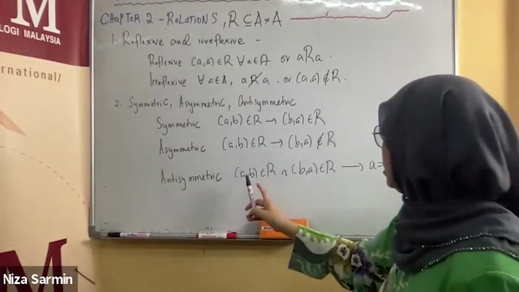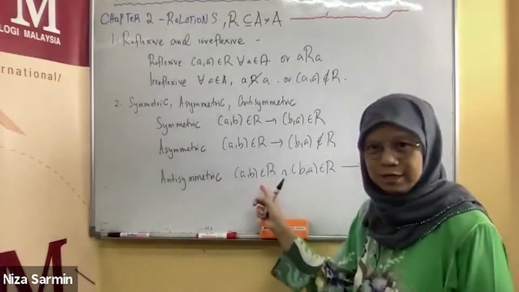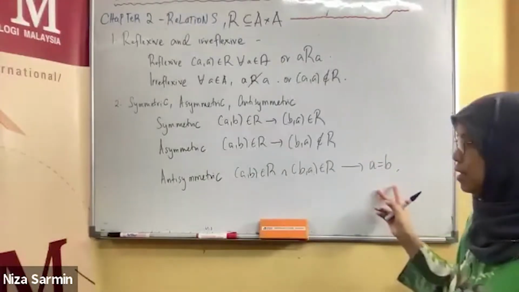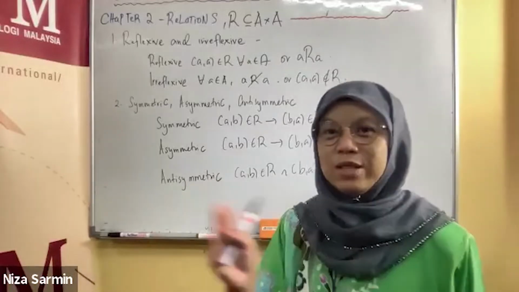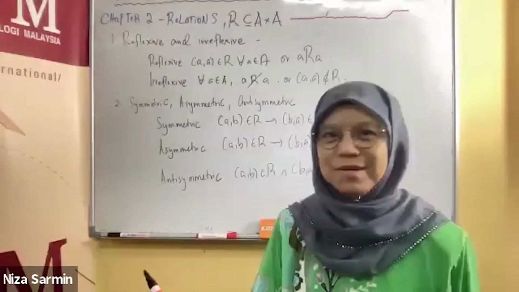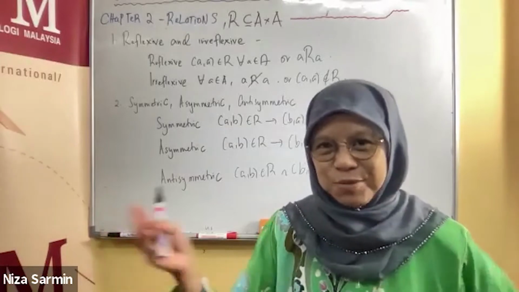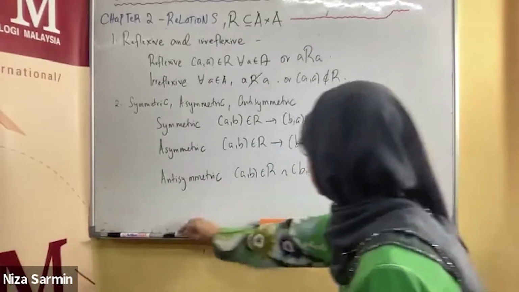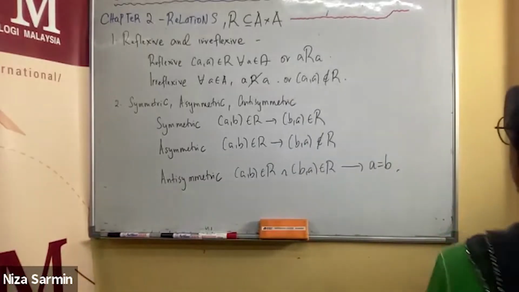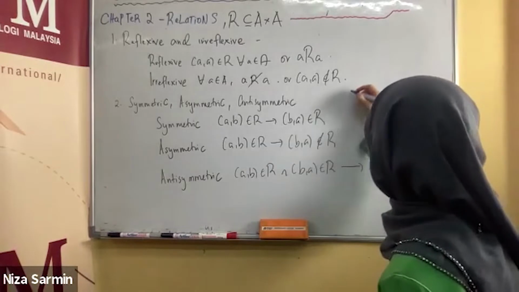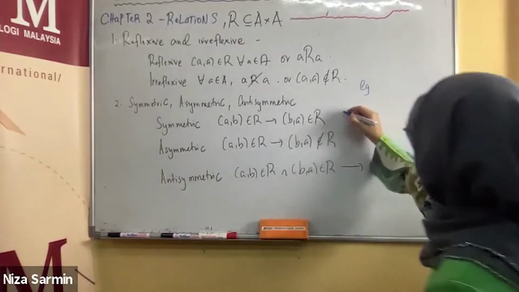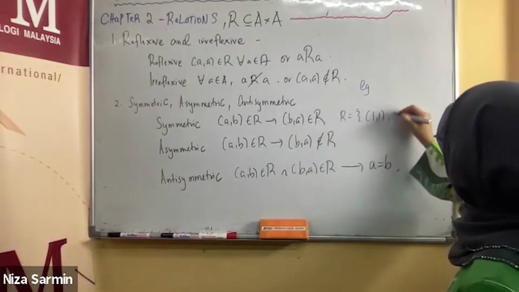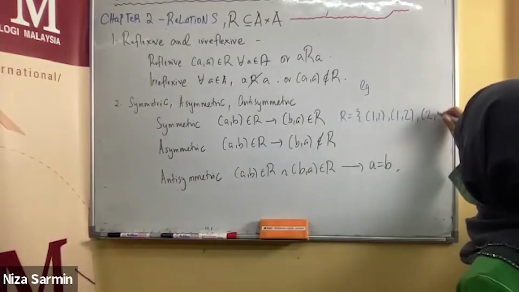This says if you have both in here, they have to be equal. Meaning you cannot have both (1, 2) and (2, 1) inside, because they have to be equal. So I will write one example here. Symmetric. So for example, I can have (1, 1), (1, 2), (2, 1).